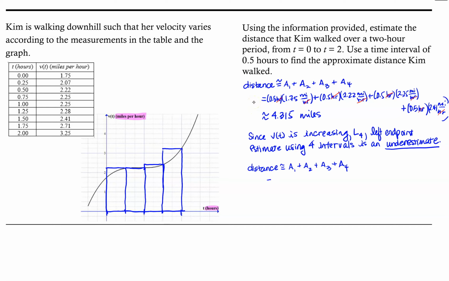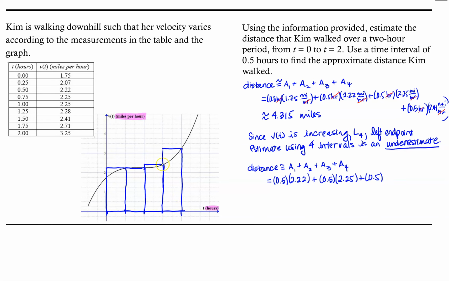So in doing this, the base of the rectangle is still 0.5, and the velocity at 0.5 is 2.22. Plus, for my second rectangle, the base of the rectangle is still 0.5. This time I'm using velocity at 1 to get the height of my rectangle, and that is 2.25. For the third rectangle, our base is still 0.5 hours.